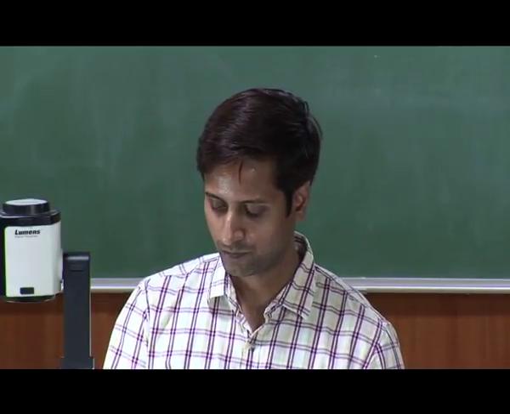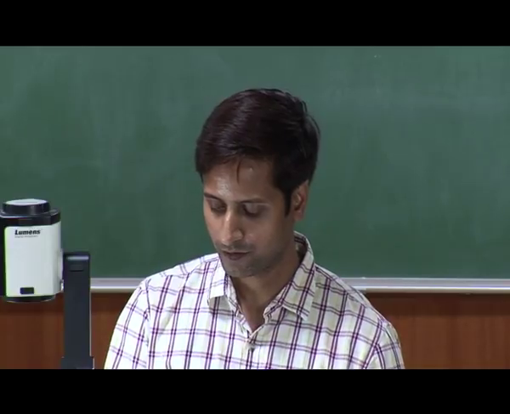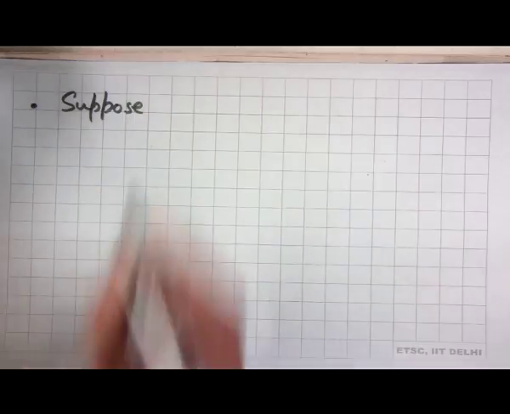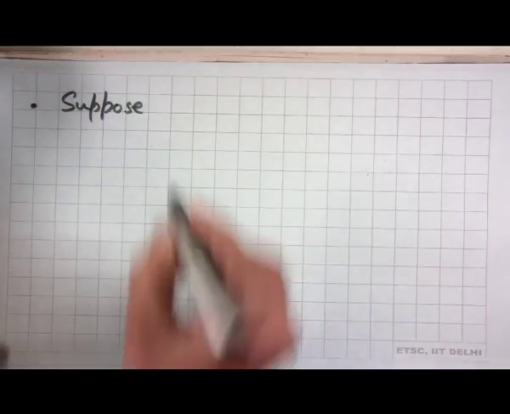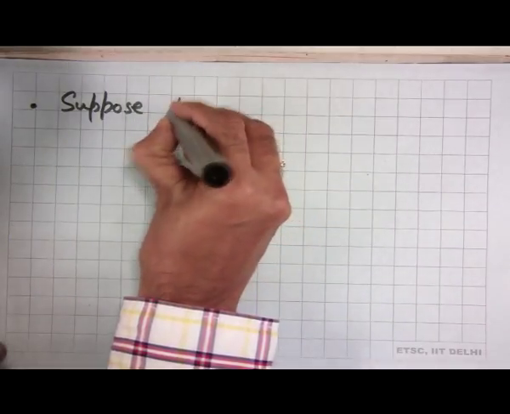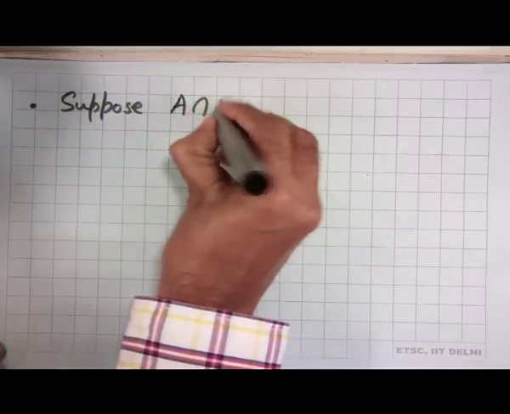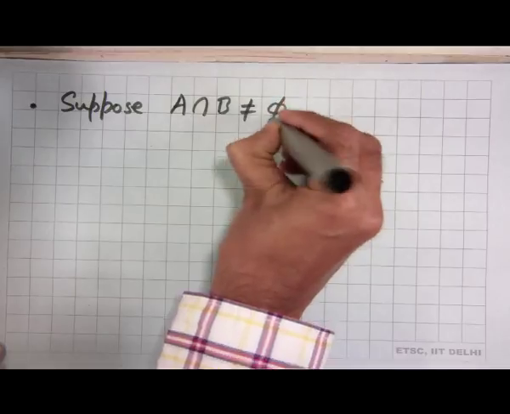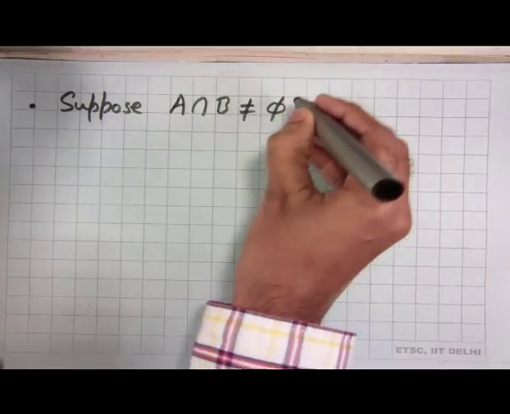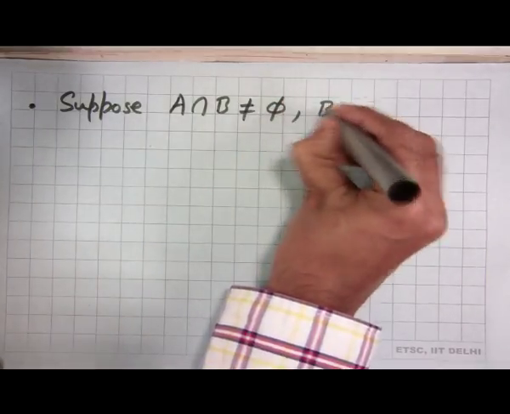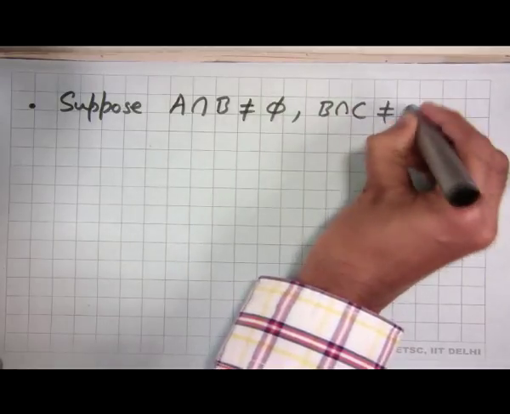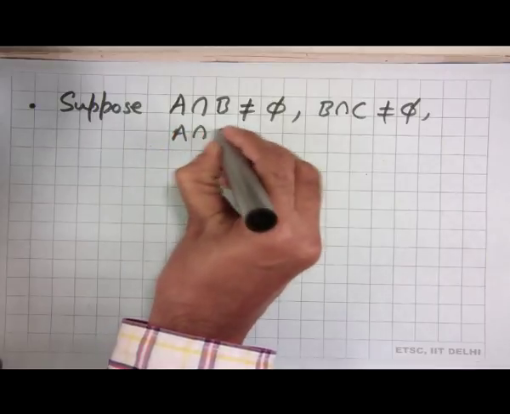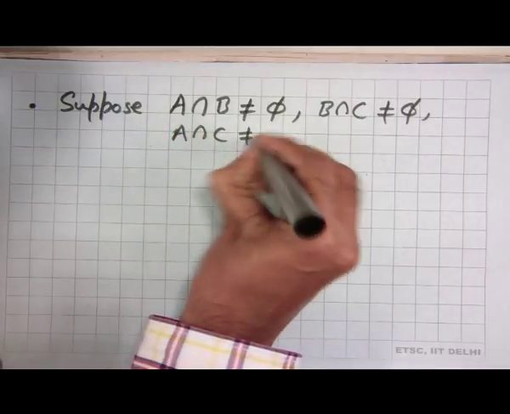Okay, let me give one more example. Suppose A intersected B is non-empty, B intersected with C is non-empty, and A intersected C is also non-empty.